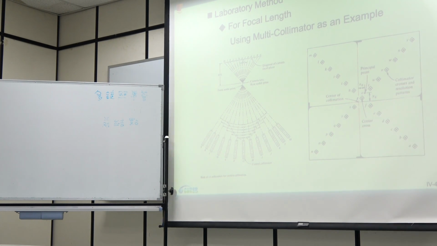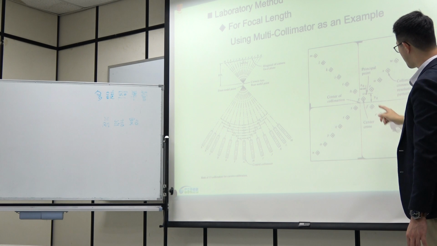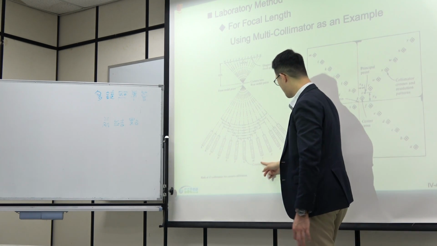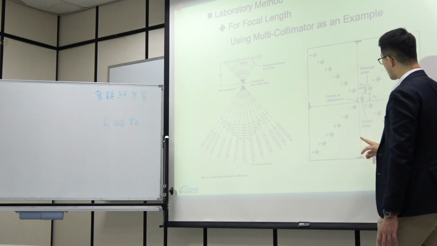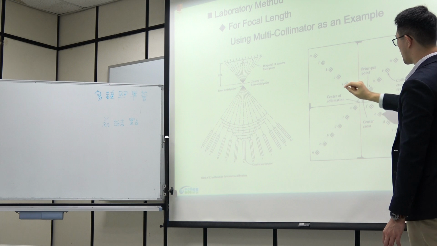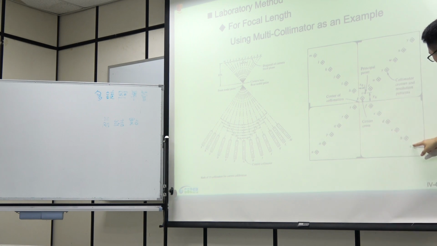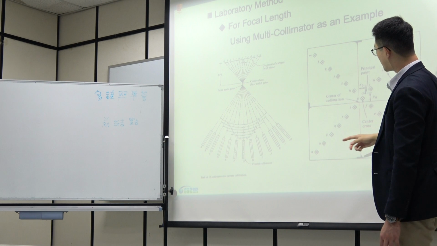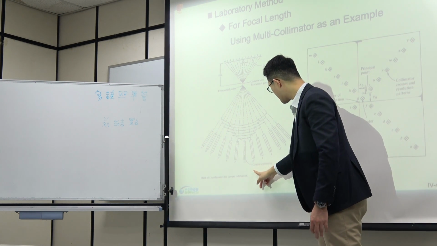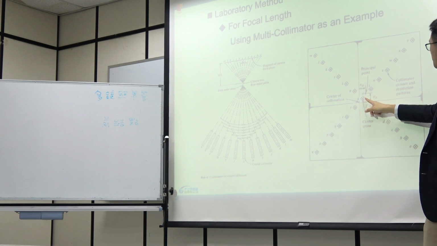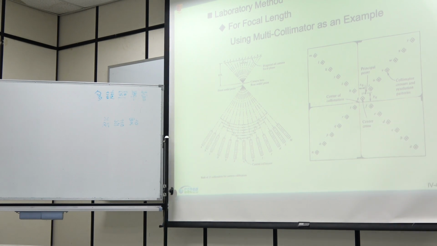As you can see, it has code names from A, B, C, D, E, F, G, to M. The corresponding locations of those collimators on the image are A, B, C, D, E, F, G, and so on. The middle one, G, is called the central collimator, and it will appear over here.